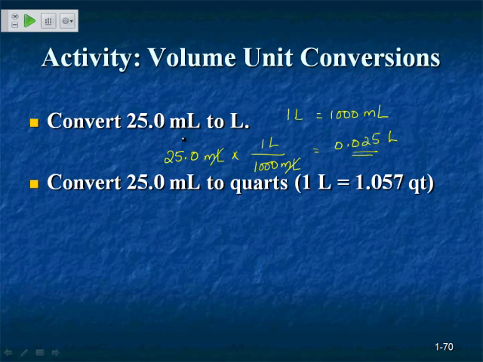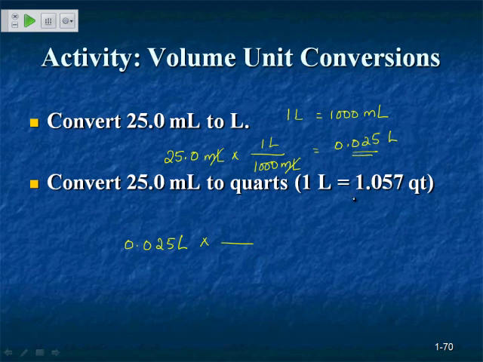Actually, you have done that in the previous step. It's exactly the same, right? So first step is converting this 25 milliliters to liters. You have done that. So here we can start with the 0.025 liters because we already did that. Now let's use this conversion factor. How do we set this up? What are we given? What are we looking for? So now what we have is liters.